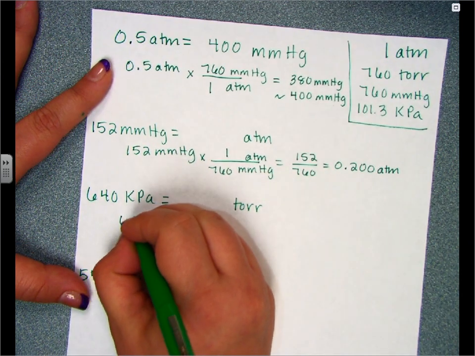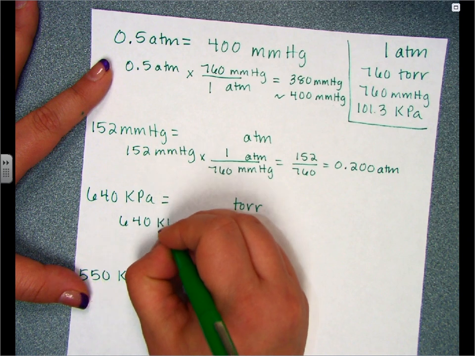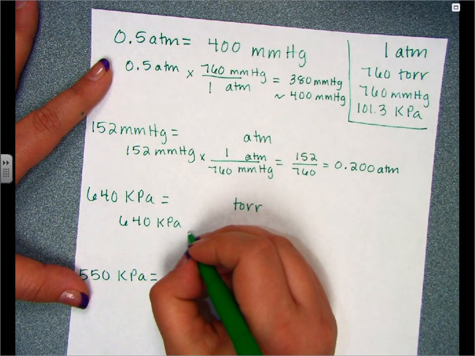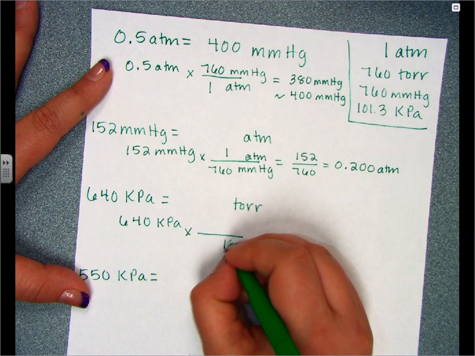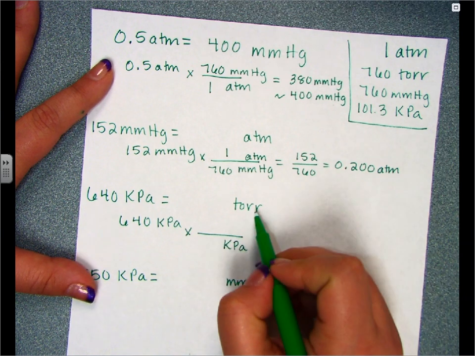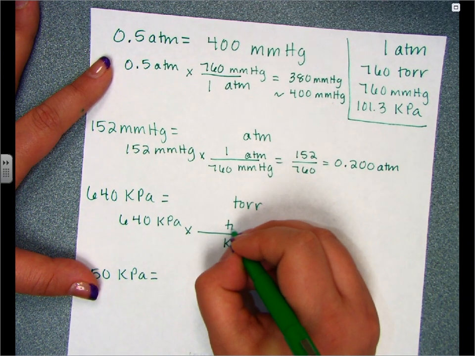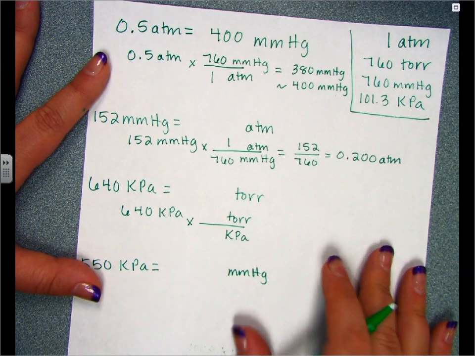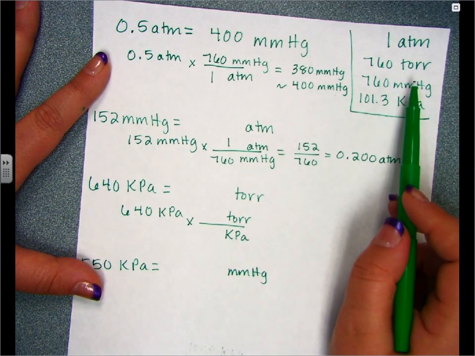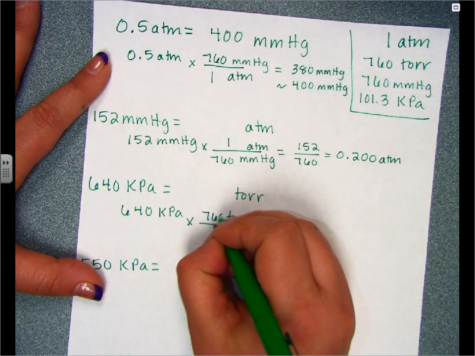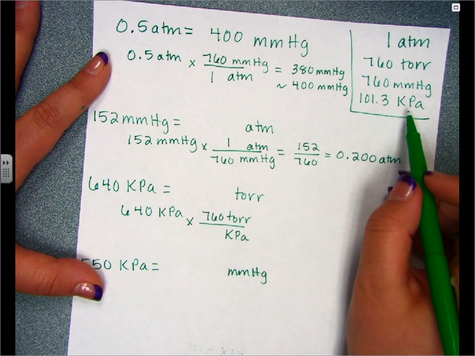The next one, I have 640 kPa. So kPa goes on the bottom because I'm trying to get rid of it. Torr is what I'm looking for, so that goes on the top. I look at my units here. Torr has 760. kPa has 101.3.